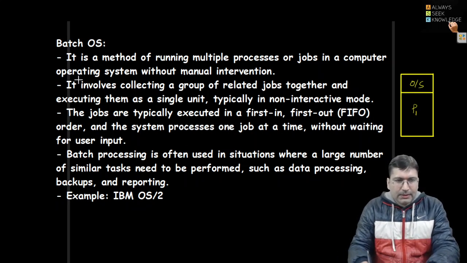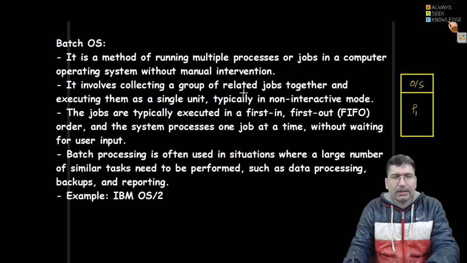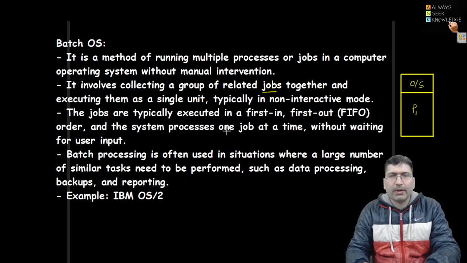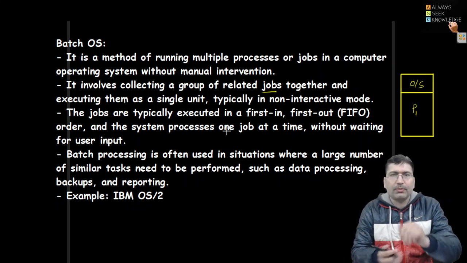The problem in this, first cover all the properties. It involves the collection of groups, or you can say jobs. In such an operating system, the programmer or operator was preparing a set of jobs.